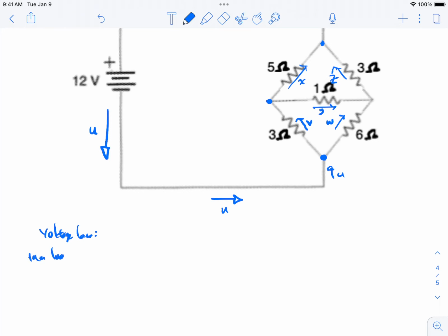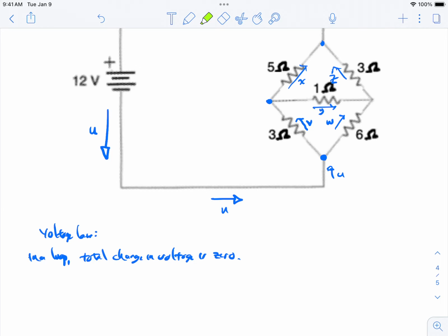In a loop, when you walk around in a circle, the total change in voltage is 0. It's basically saying you can't walk uphill to school and home. You can't walk uphill both ways. So voltage goes up, voltage goes down as you go around a circuit. But if you come back to where you started, the total change is 0.